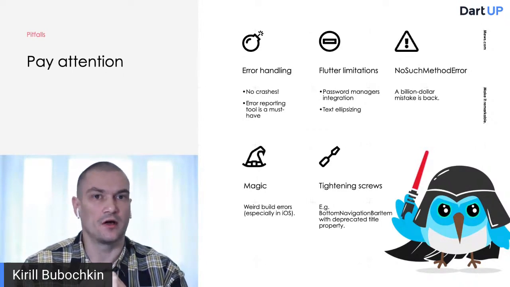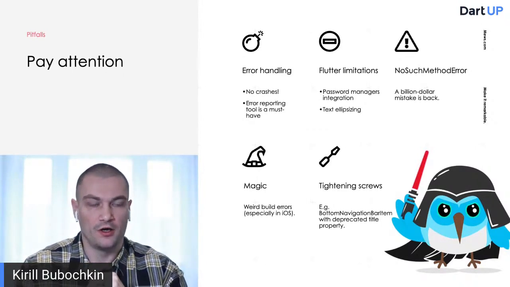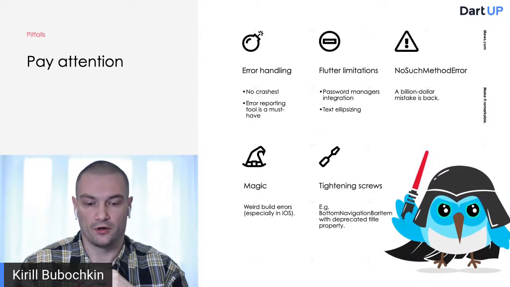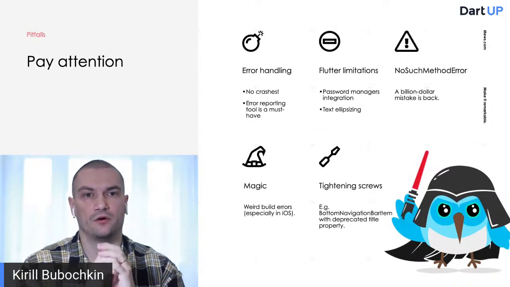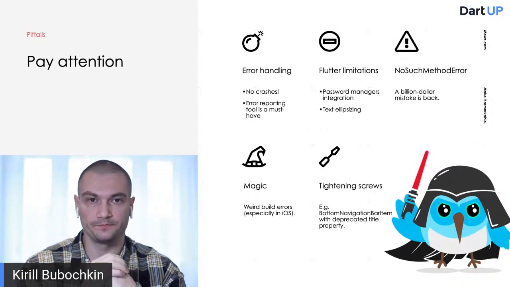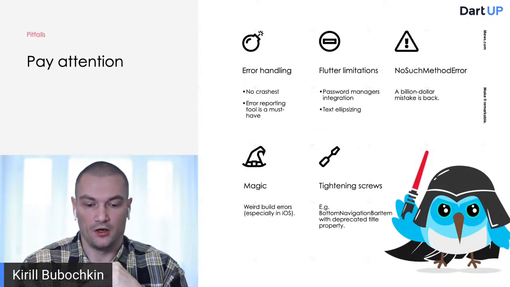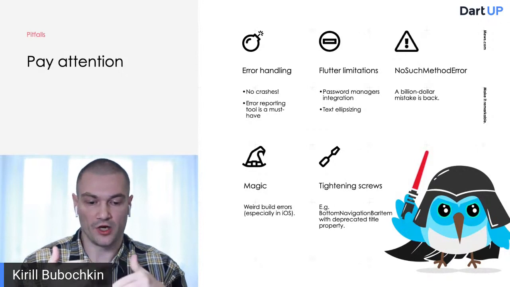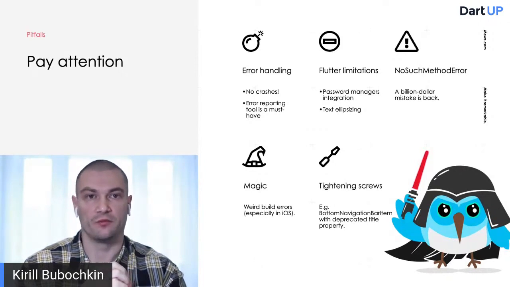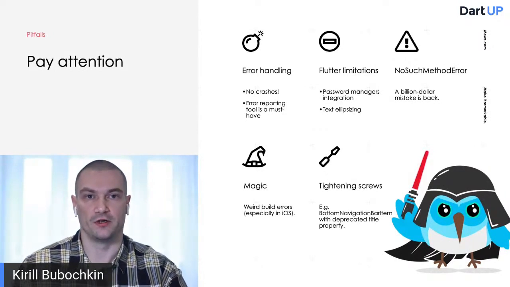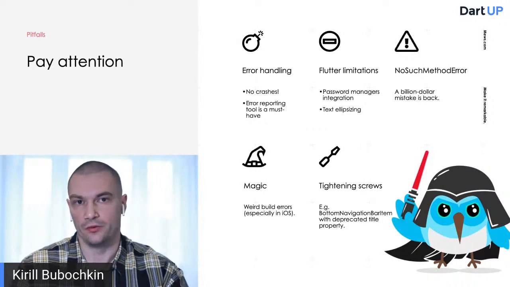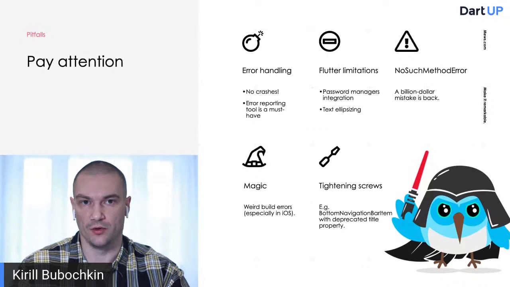And the last moment I would like to mention here is what I call tightening screws. It's kind of more a philosophical point. What I'm talking about here, for example, is the bottom navigation bar item widget, and it used to accept a title property where we could pass just a widget, where we can customize it the way we want.